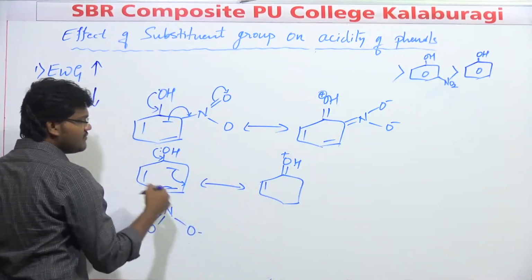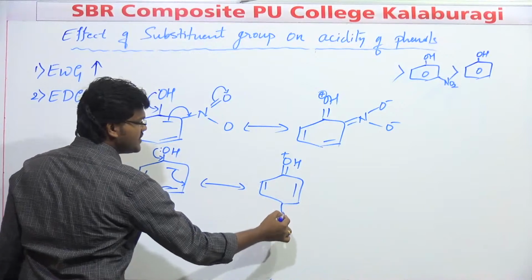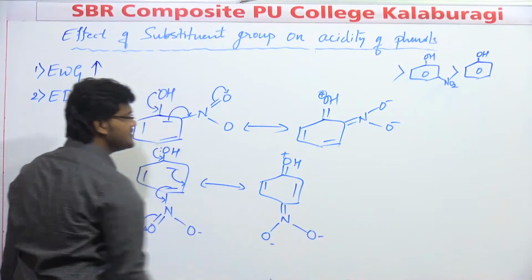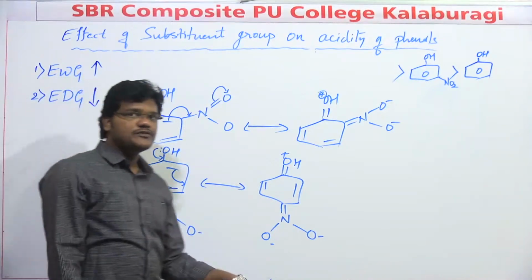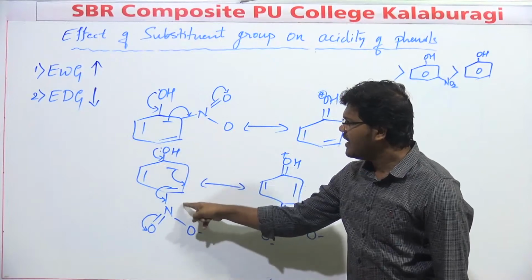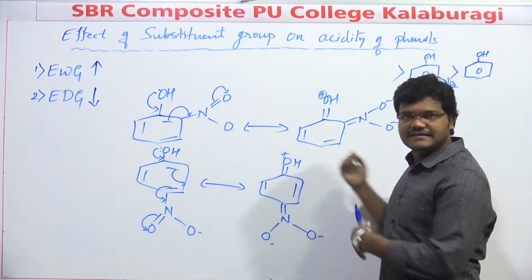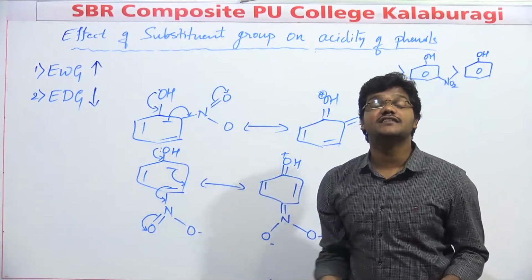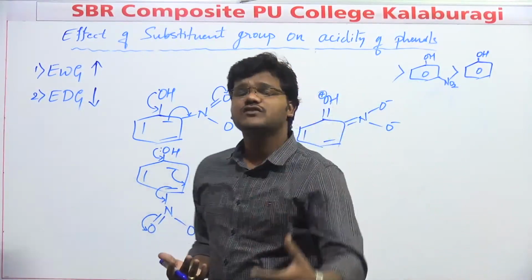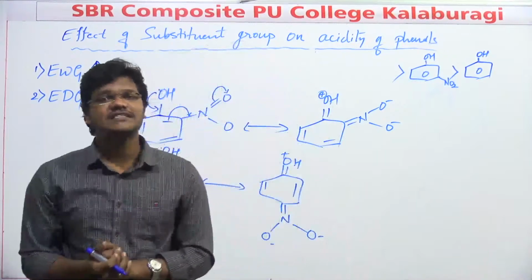So there is a new double bond over here, O minus and O minus. So if the NO2 group is present at ortho and para, resonance is extended. I will get two more resonating structures. The more the number of resonating structures, the greater its stability.